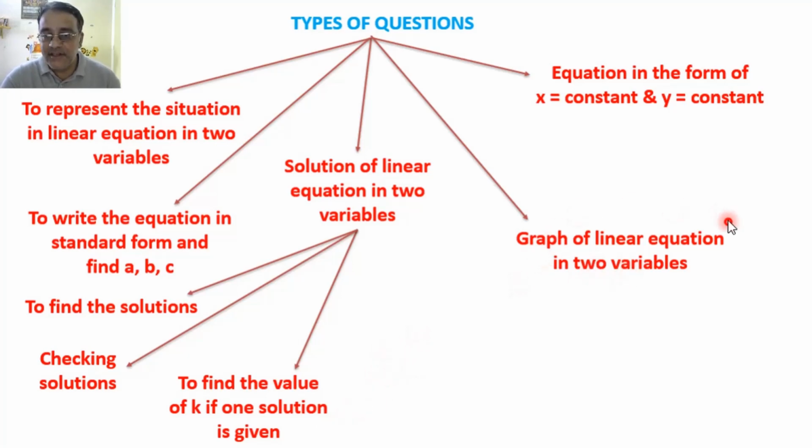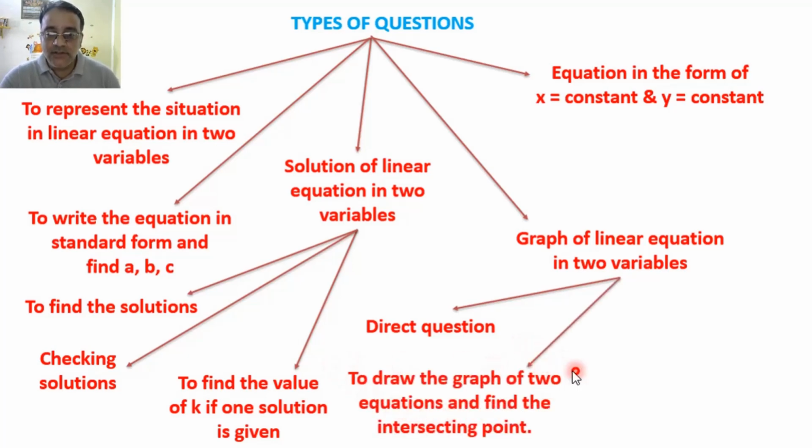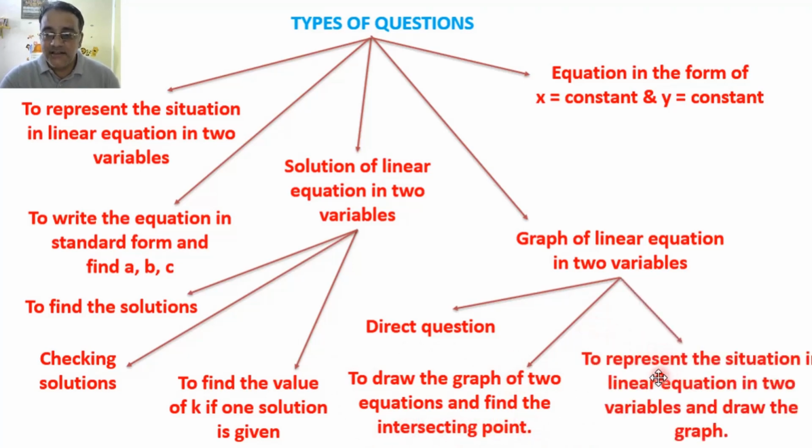Now we'll move towards the graph of linear equation. Direct question means one equation will be given to you and you have to draw the graph of the linear equation. And second one, to draw the graph of two equations and find the intersecting point. And the next one is to represent the situation in linear equation in two variables and draw the graph.